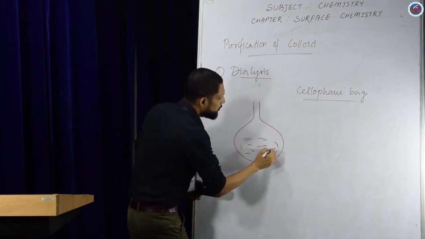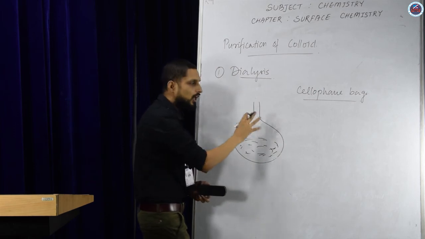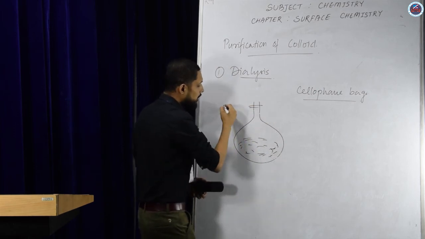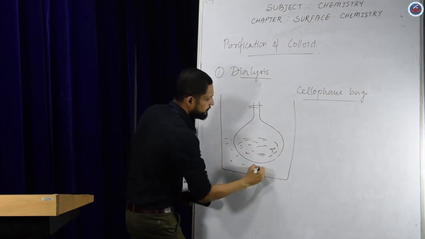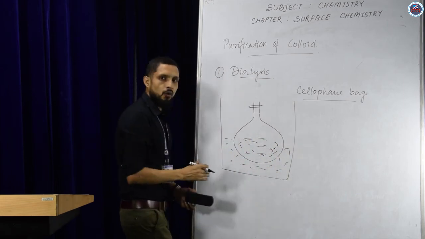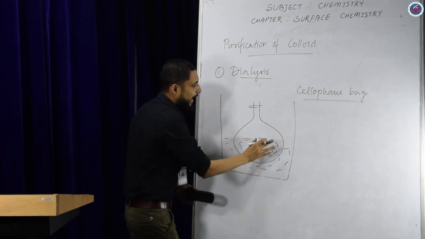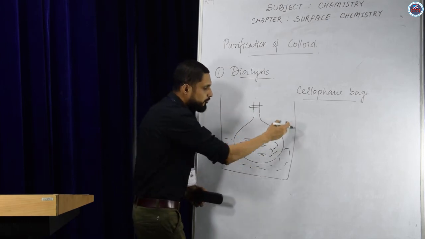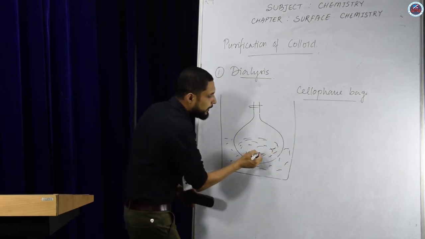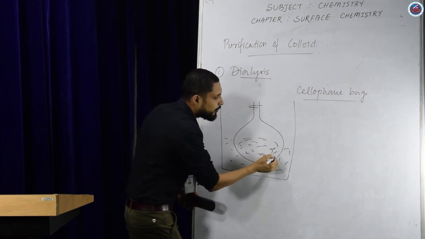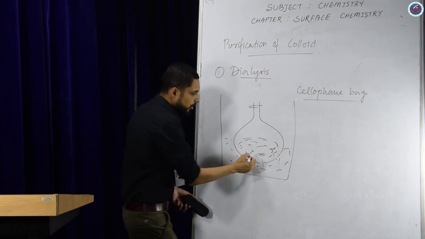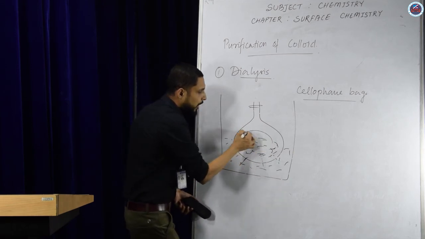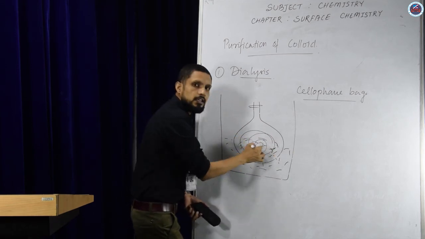So we take the impure colloid in a cellophane bag, and this bag is suspended in fresh water. Now when the cellophane bag containing the impure colloid is suspended in fresh water, the impurities will easily diffuse out of this cellophane bag, whereas the colloid particles remain inside the bag.